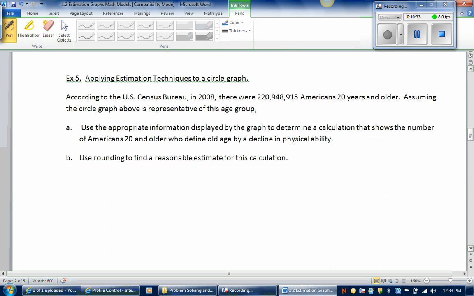Okay, so let's look at this question here. Applying estimation techniques to a circle graph. According to the U.S. Census Bureau, in 2008, there were 220,948,915 Americans 20 years and older.